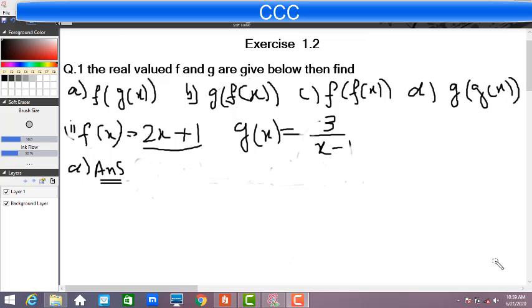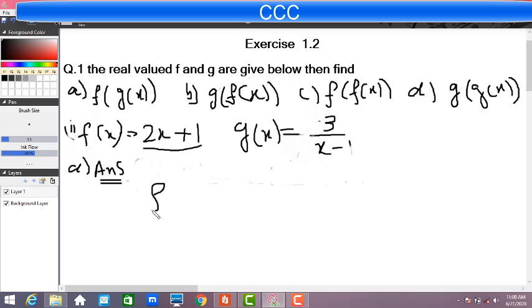Now dear students, we move towards exercise 1.2. In this exercise, we find the composite functions f of g of x and g of f of x and f of f of x and g of g of x. First of all, you have to understand the concept of composite function as I explain in the definition, that it will combine the two functions.